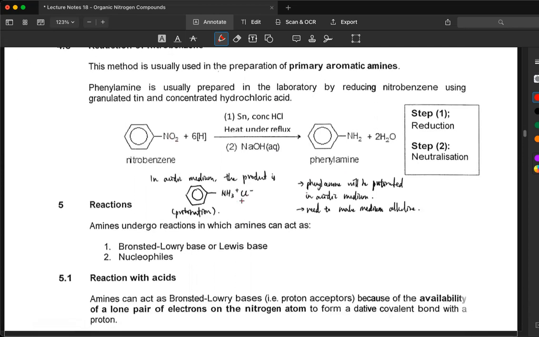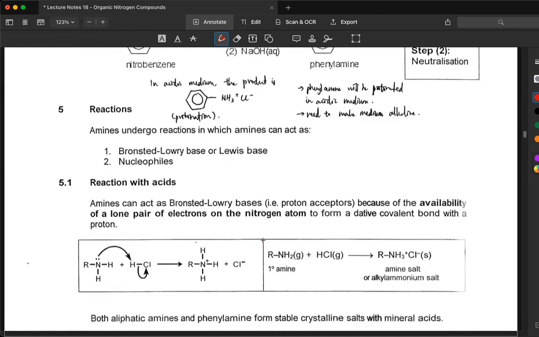So in acidic medium, we have something like this, where the NH2 amine part is protonated if we use HCl as the acid. But if we don't want to have this as the product, then we have to use alkaline so that it will be NH2 instead of the salt, because the amine can get protonated.